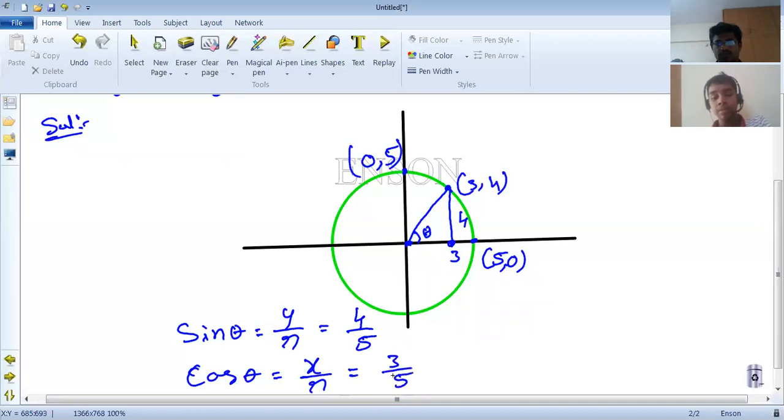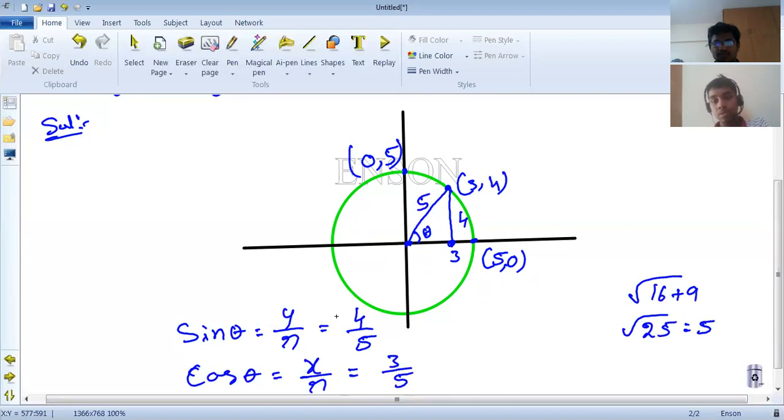Even if you do it by the normal method, by using the Pythagoras theorem, you can find the hypotenuse of this triangle, right? Which will be 16 plus 9, so you will get 25, and the square root is 5. So the hypotenuse of the triangle is 5.